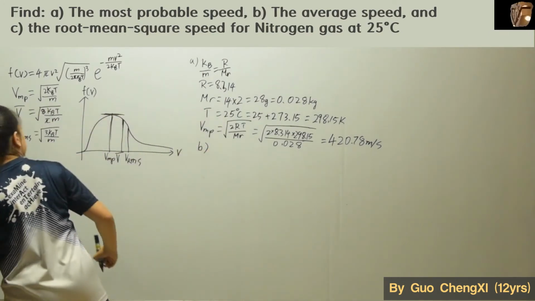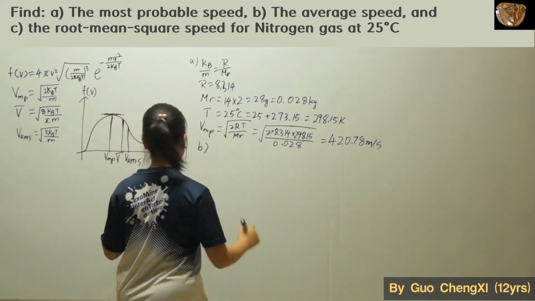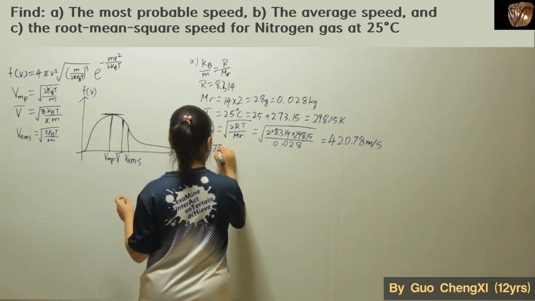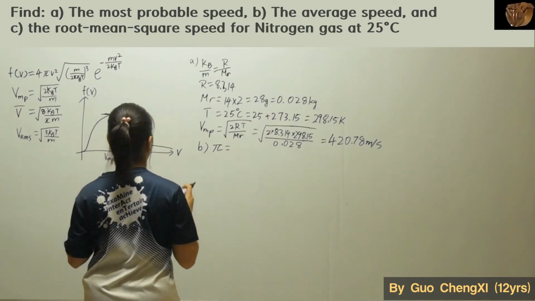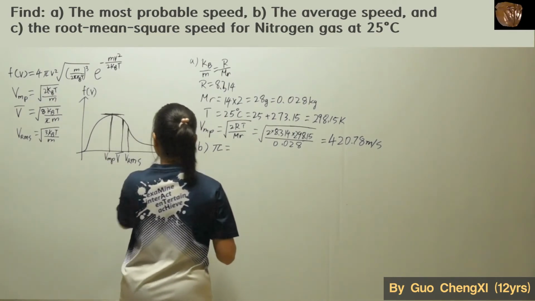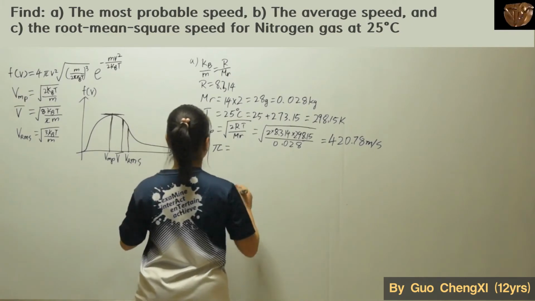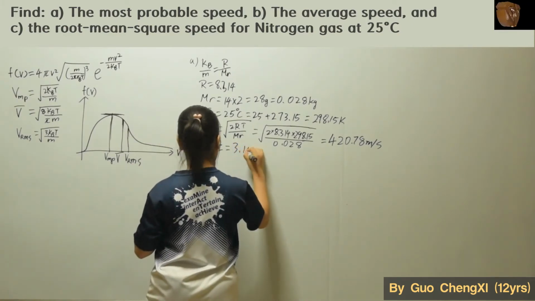And now for the second part, as we continue to convert over here, if you want to know what we are going to use for pi, we are not going to just straight away type in a pi, because normally we just use 3.14.